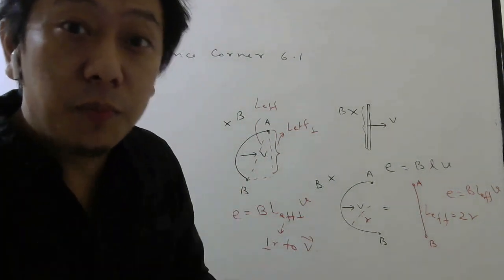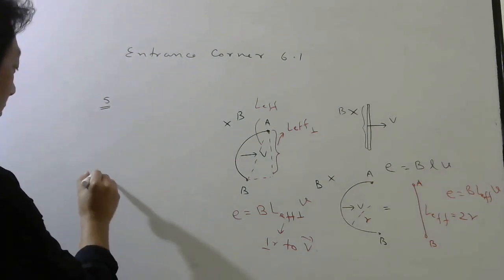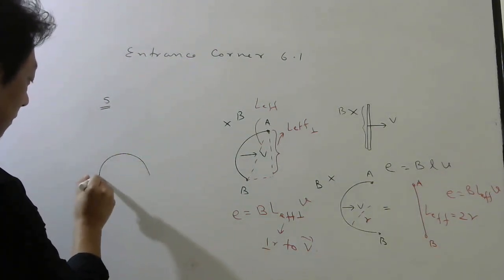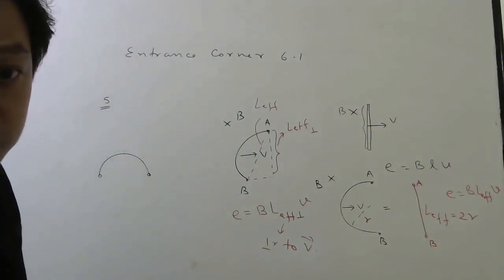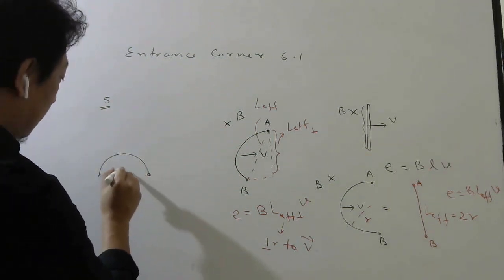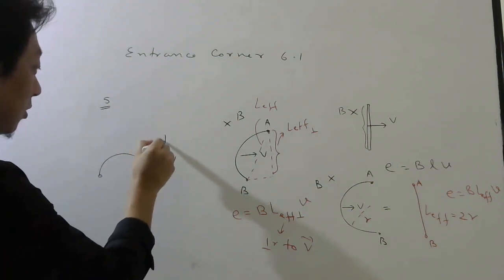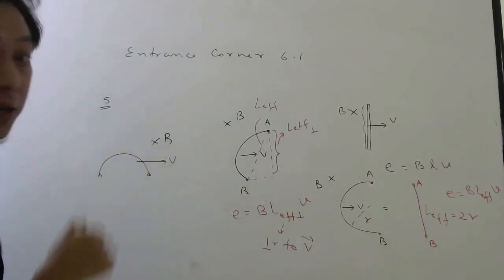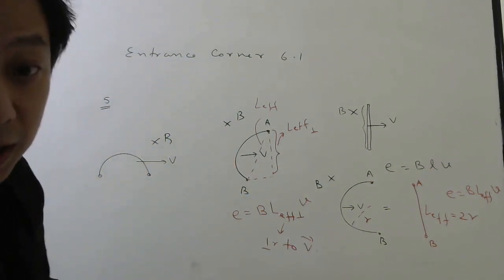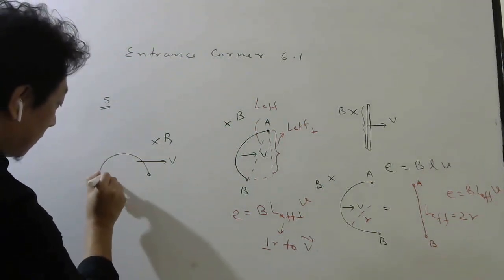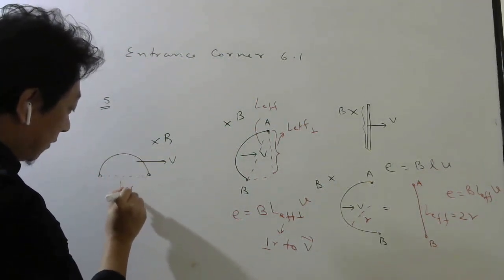What if there is no component at all? For example, let us say this is my rod. Okay, this is my rod and it is moving this way. And this is magnetic field. So no doubt velocity is perpendicular to magnetic field. But if you try to find L effective, what will be your L effective? This will be your L effective.